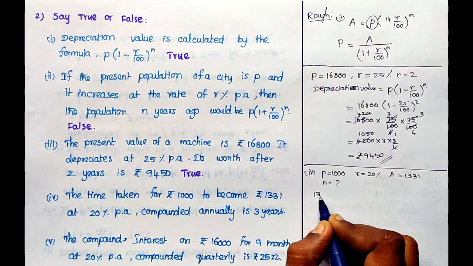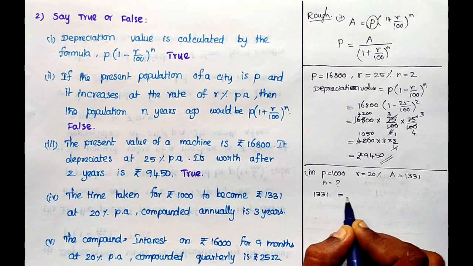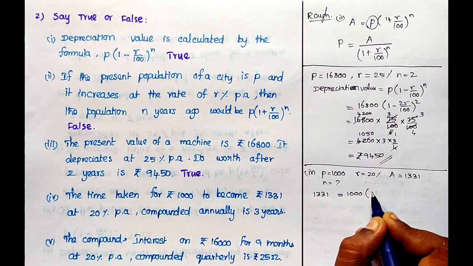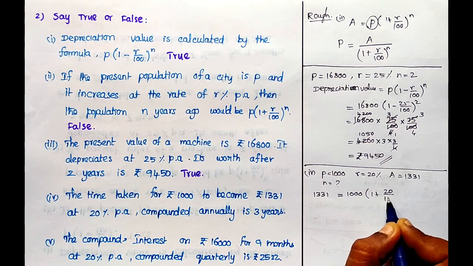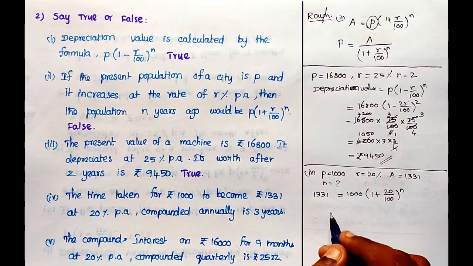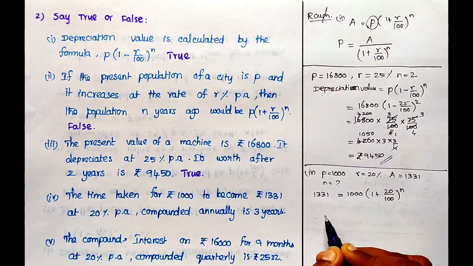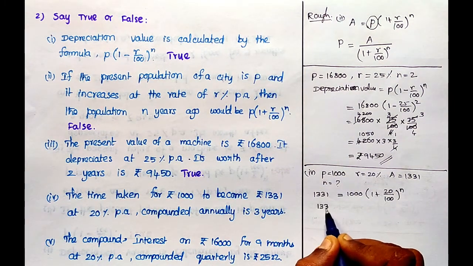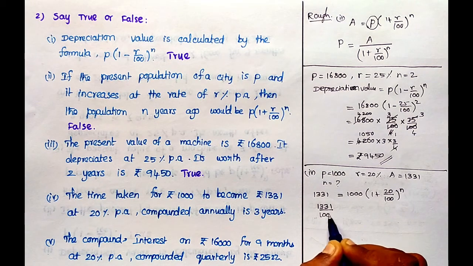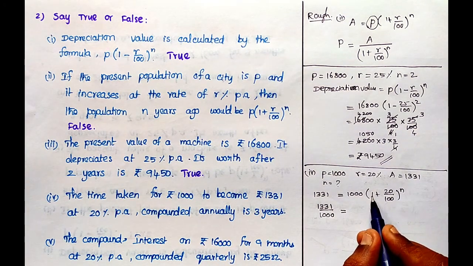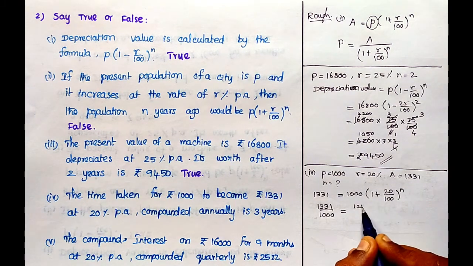So 1331 equal to P into, that is, 1000 into (1 plus 20 by 100) power N. Now here 1000 is in multiplication, bring it to the other side, it means division. So 1331 by 1000 equal to (100 plus 20, 120) by 100.